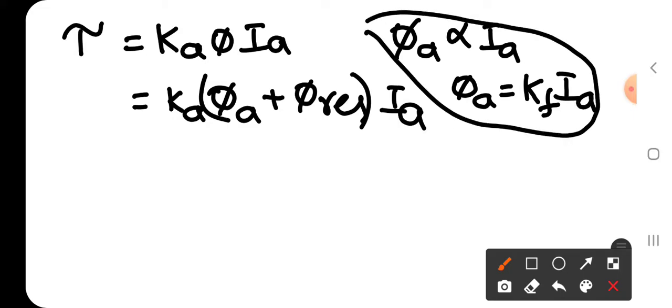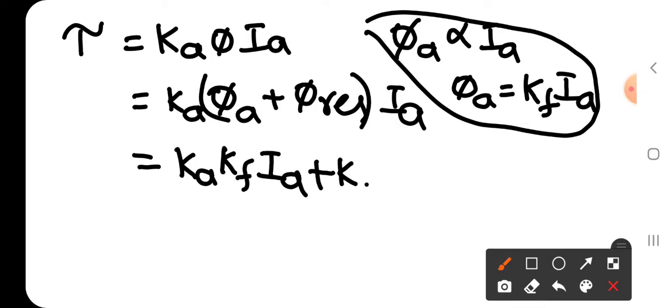Hence I can write the equation as Ka Kf Ia plus Ka phi RES, into Ia.